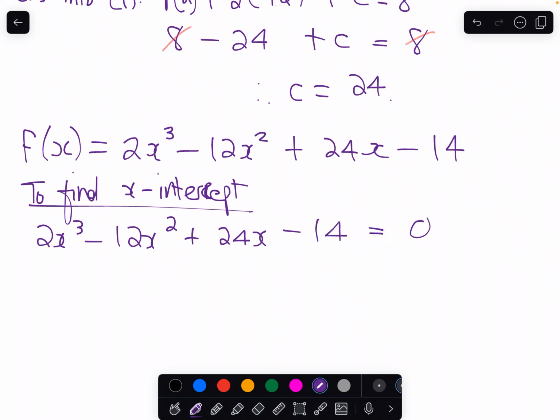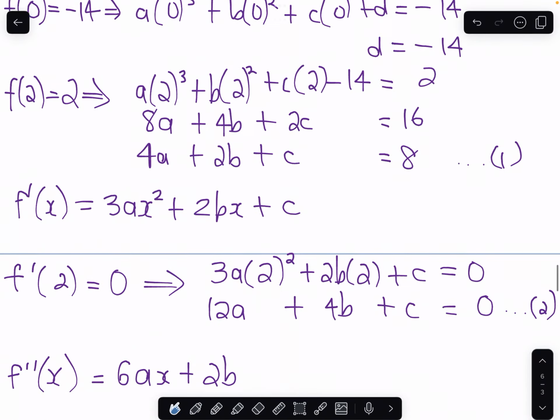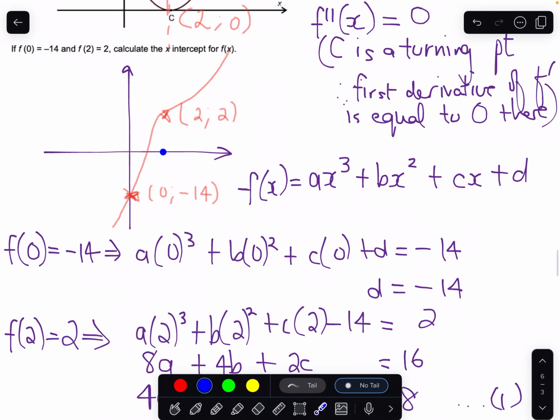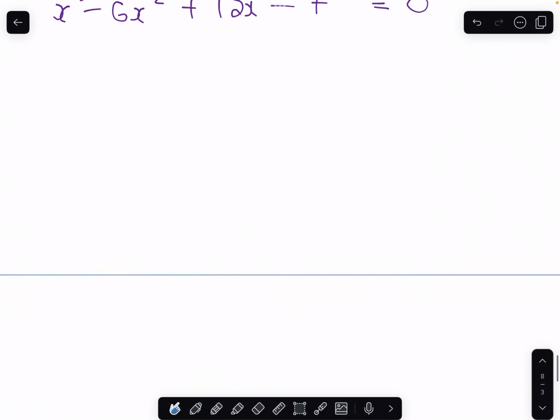Can divide through by 2. Okay, and from our diagram, we know that this x-intercept is going to occur somewhere between 0 and 2. So the first number I'm going to try is 1.